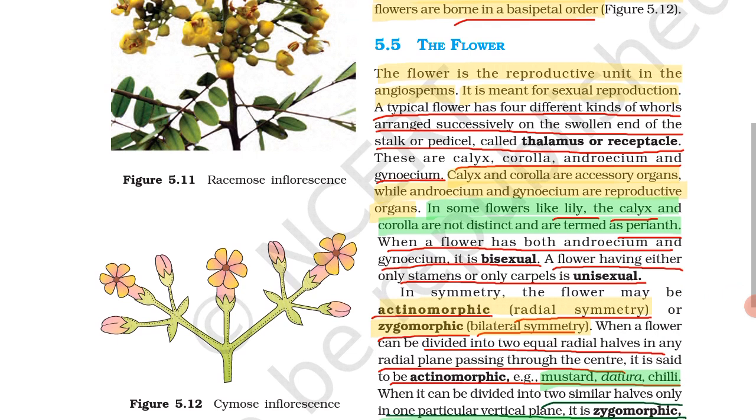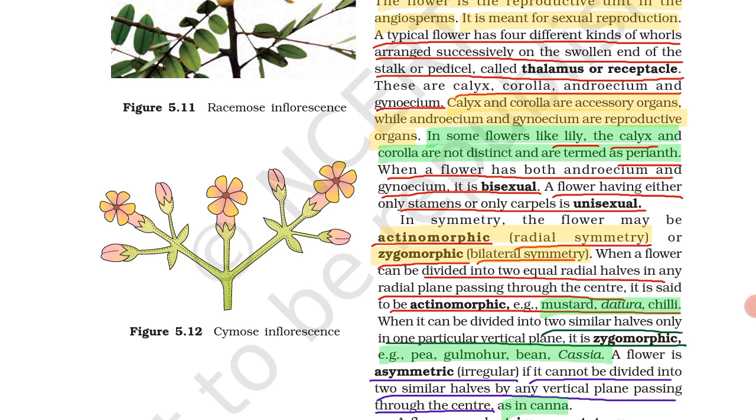When a flower can be divided into two equal radial halves in any radial plane passing through the center, it is said to be actinomorphic, and examples of actinomorphic symmetry are mustard, dhatura and chili.